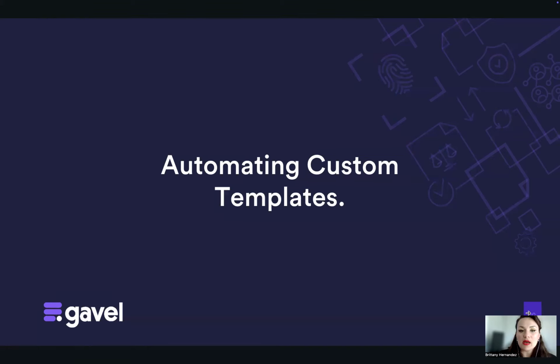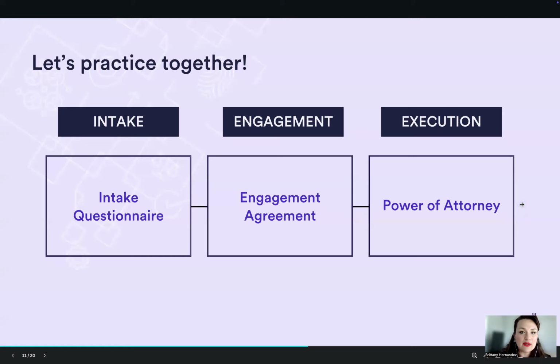But maybe there are templates that we want to keep to ourselves or that we've developed over many years that we still want to use in this automated way, using our forms and not someone else's forms. So we can do this together, going through that process of intake, engagement, and execution.